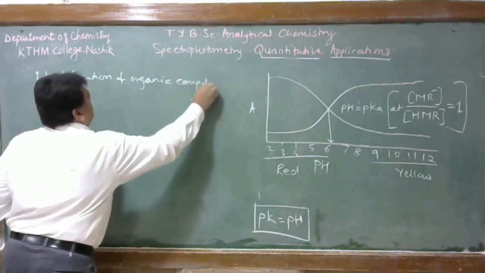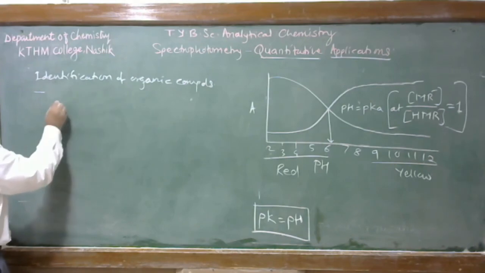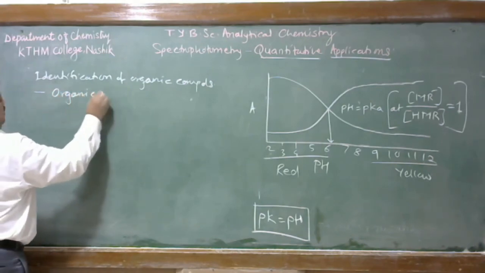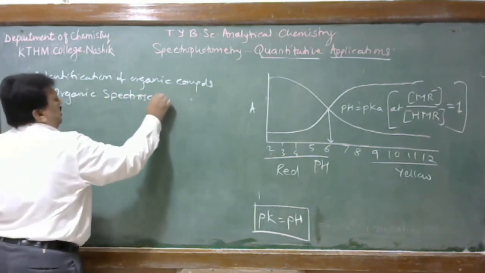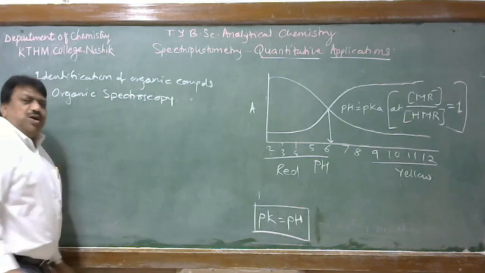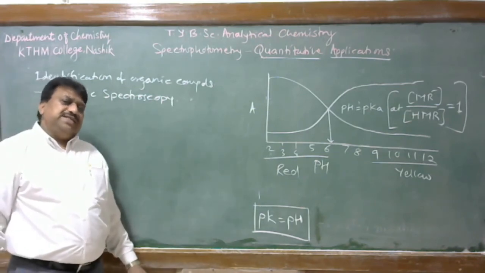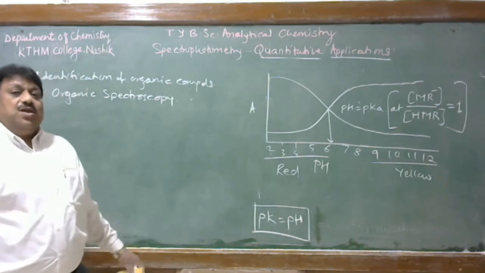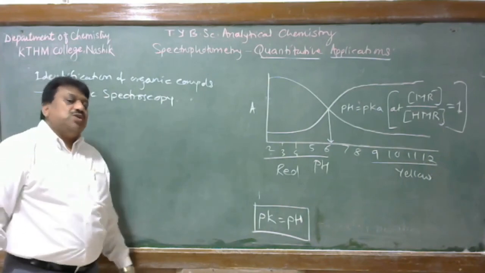Organic compounds are identified under a special branch of organic chemistry called organic spectroscopy, in which the information obtained by IR spectroscopy, ultraviolet visible spectroscopy and nuclear magnetic resonance spectroscopy can all be utilized for determination of the structure of the compound.